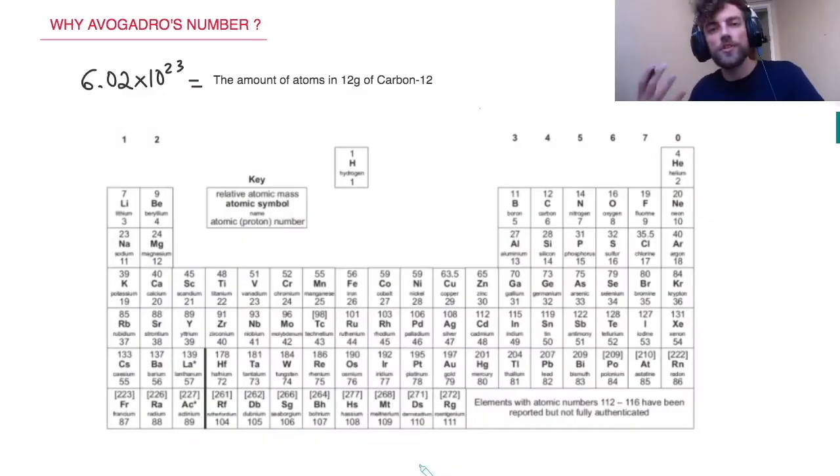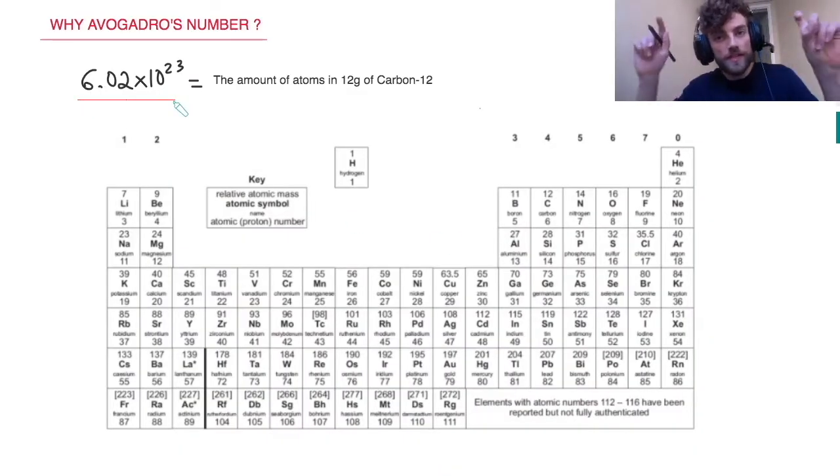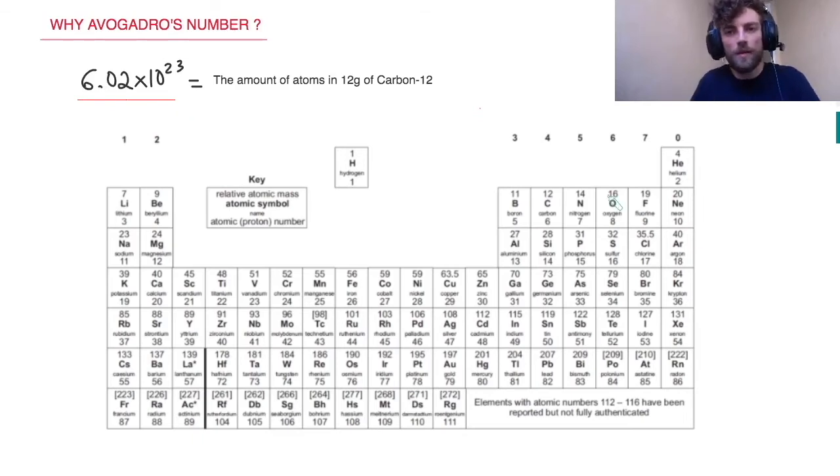So now I'm going to try and justify Avogadro's number, 6.02 times 10 to the 23 things in a mole. What happened was we took carbon 12, and we knew that carbon 12 had a mass number of 12. In other words, it had 12 protons and neutrons being the only subparticles which have an appreciable mass. Electrons, remember, have a negligible mass.